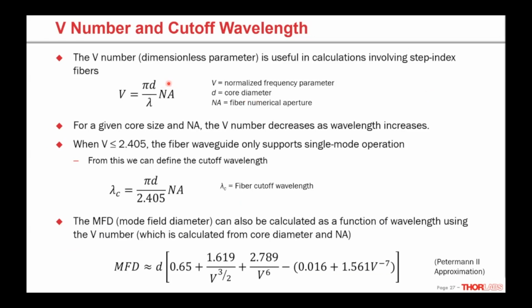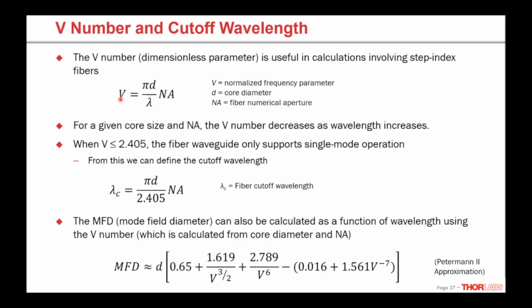Once we have that NA and that core diameter, we can do a little math to figure out how the fiber will perform. The first thing that's usually calculated is what's called the V number. In multimode fibers, when you have thousands of modes, the V number, or V squared, is proportional to the number of modes. For single mode calculations, when V is less than 2.405, that means that the waveguide only supports single mode operation.